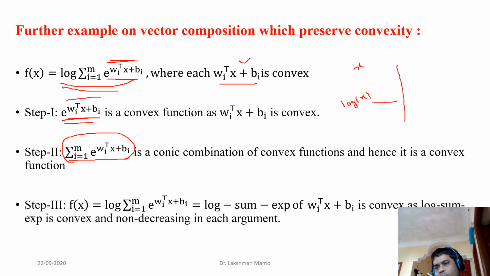But if you apply log over this one, log x is not a convex function. So if you simply apply the logarithm over a convex function, the resultant function may not be convex. It depends upon the scenario. We can't say anything about that.